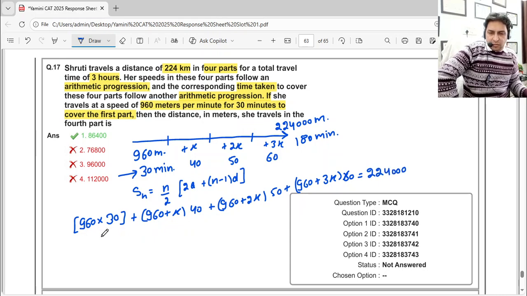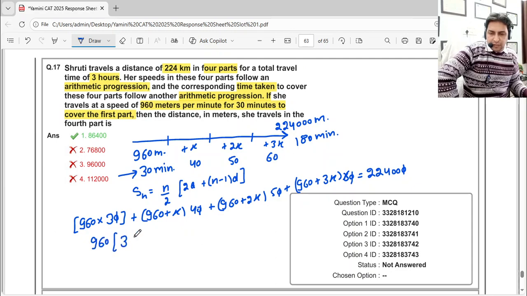Now let's cut these zeros first. Let's cancel this out, one 0 from everywhere, so this 0 would get cancelled. Then we can take 960 common if we would like to. So let's write 960 common here.